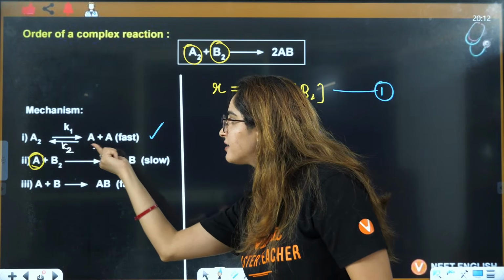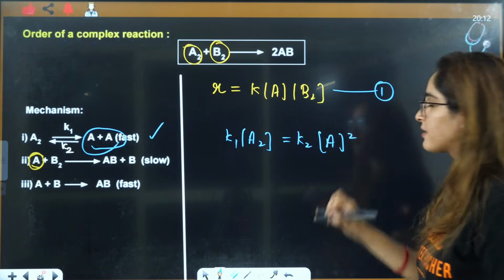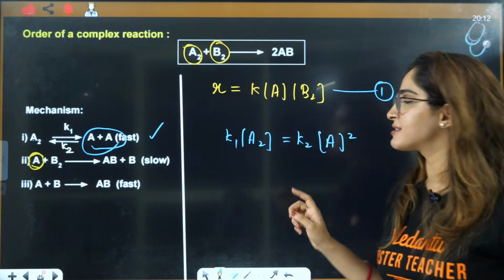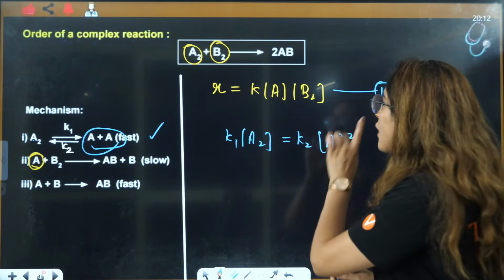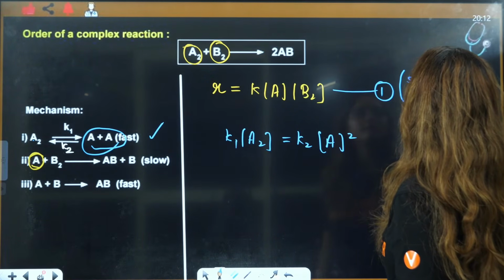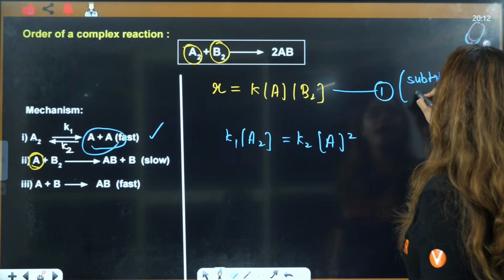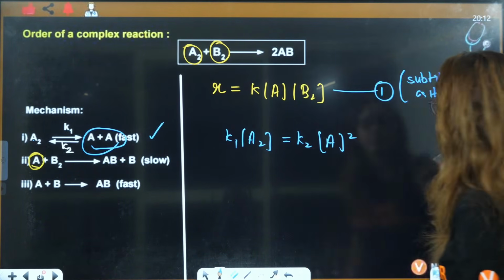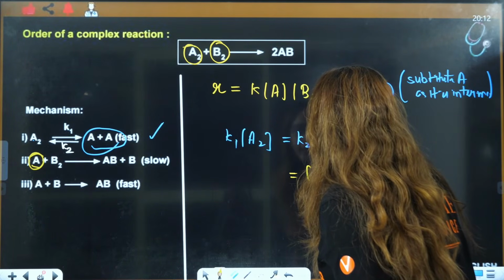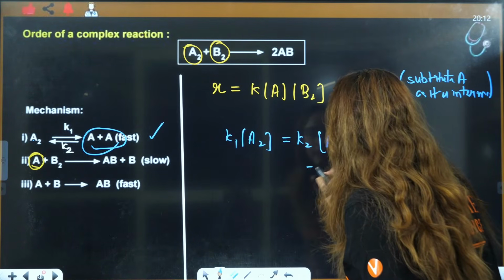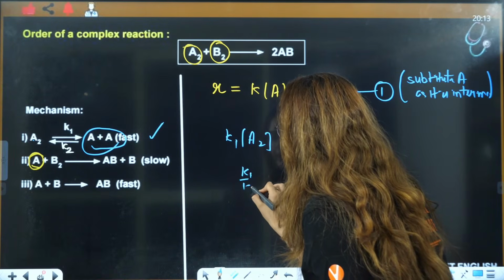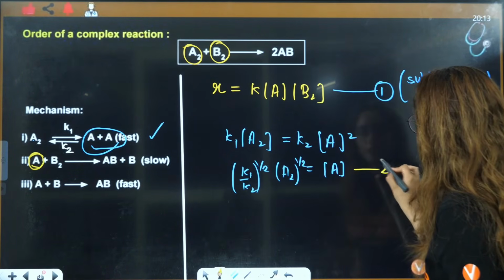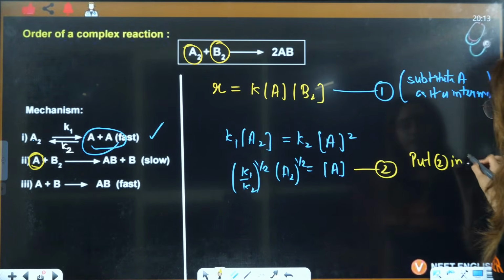For the backward reaction the reactant is A square, A into A. Now I have to substitute A as it is an intermediate. So A will be equal to K1 by K2 under root and A2 under root. This is your second equation. Put 2 in 1 and you will get the final answer.